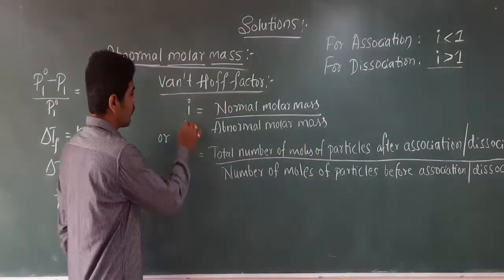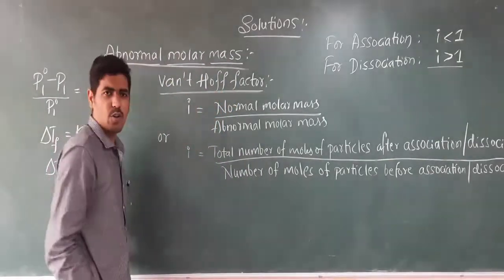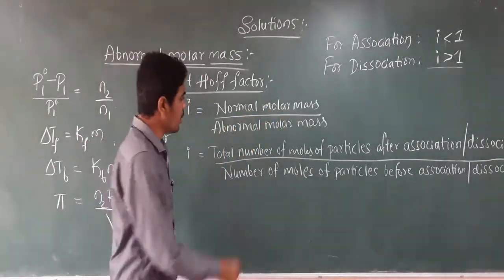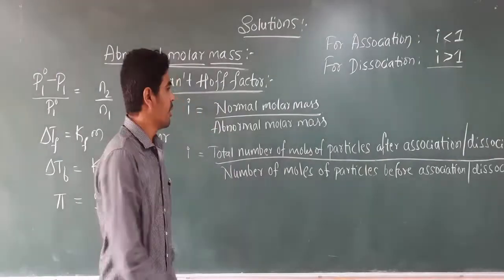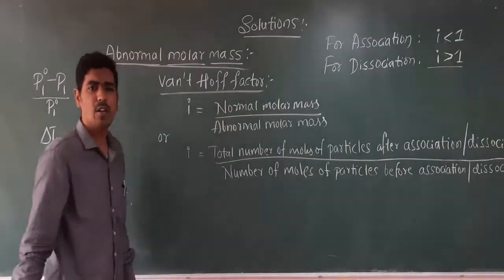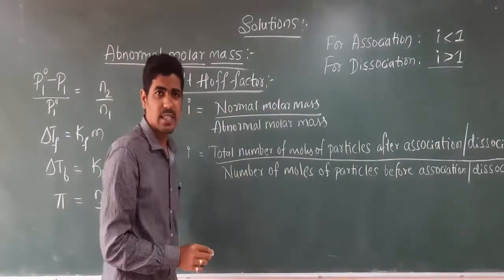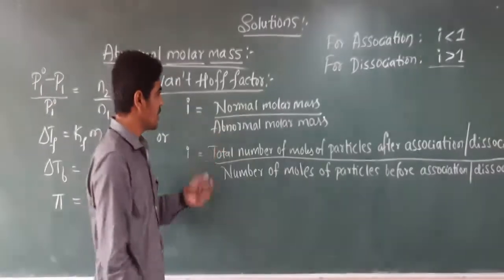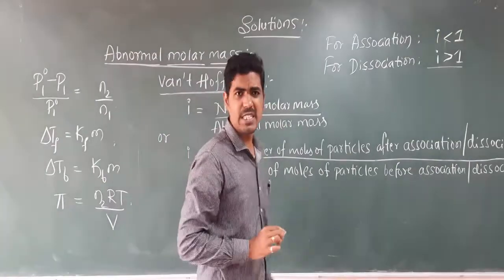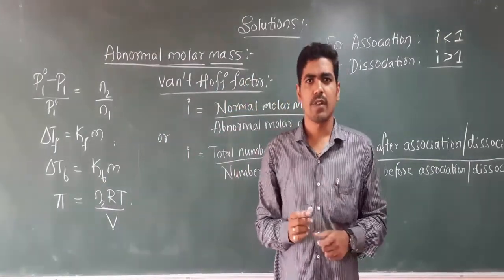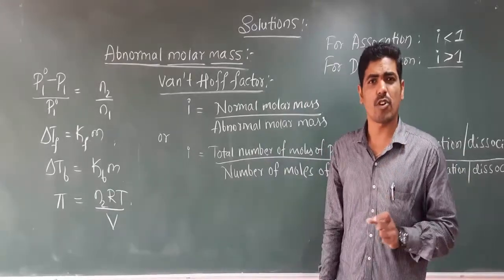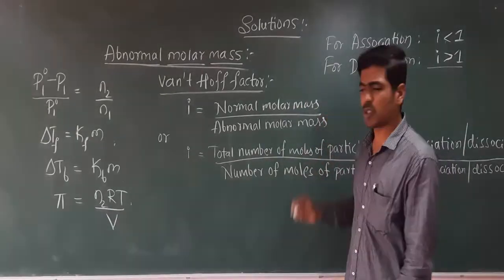So what are those formulas? Here, i is equal to normal molar mass upon abnormal molar mass. Normal molar mass means the expected value that we already know, the exact value of the molar mass of the solute, that we have to substitute.